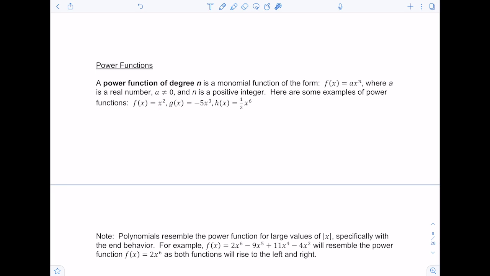So x squared, I know it's positive and even, so the graph, remember, is going to go up on both sides. So if I was to take x squared, a power function, and let's say add on to it, like something like this, if you graph that equation, it's going to resemble the power function. So even though it will look slightly different, it'll go through the x-axis in different places, it's going to contain the same end behavior.